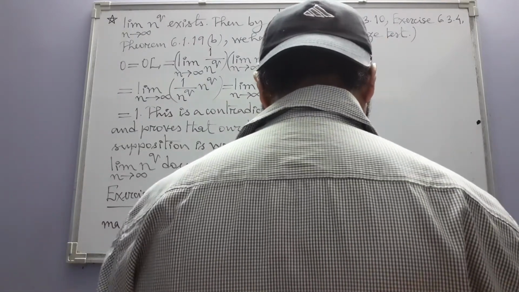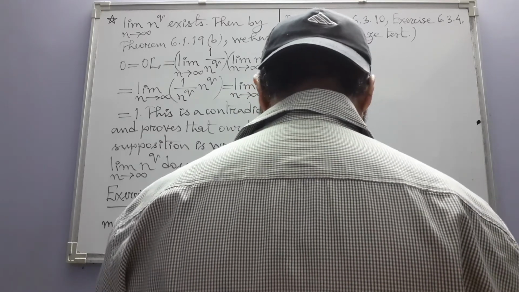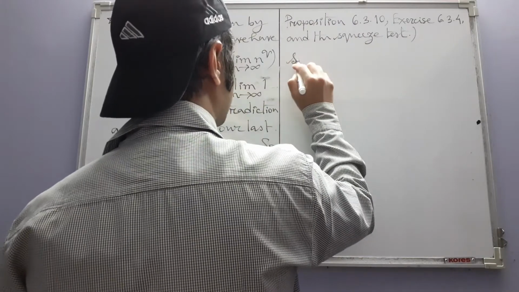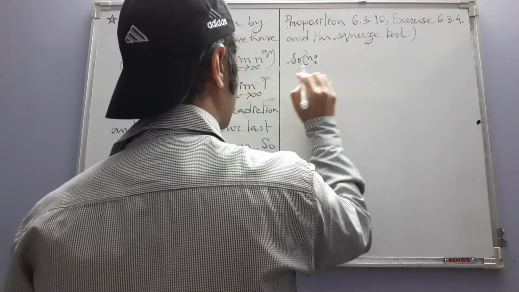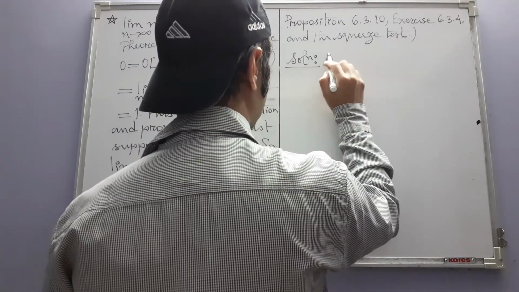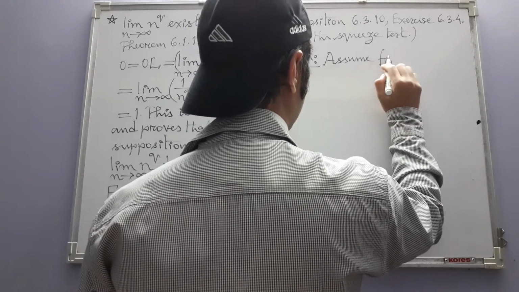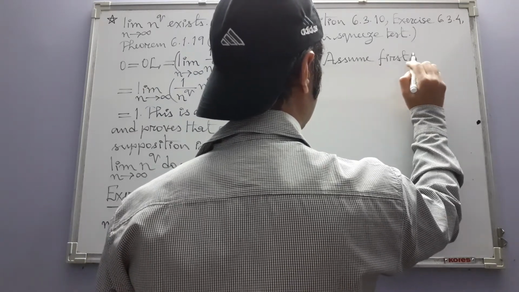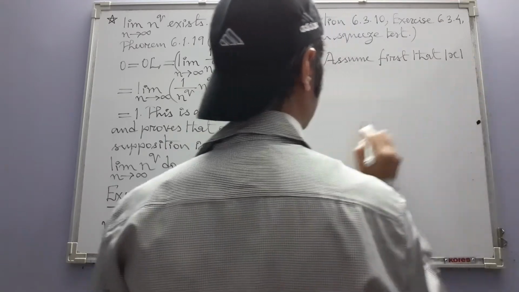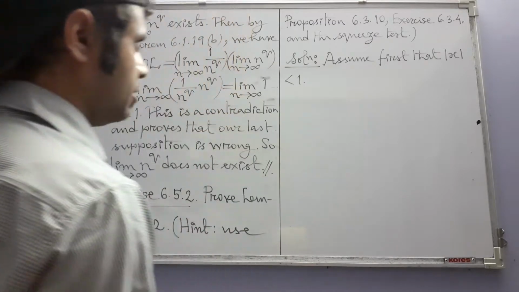So we will first do what? We will first consider the case where the absolute value is strictly less than 1. Assume first that this is strictly less than 1.